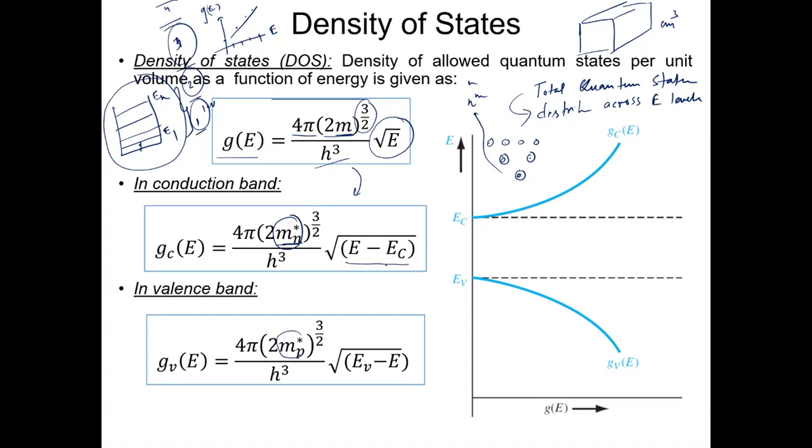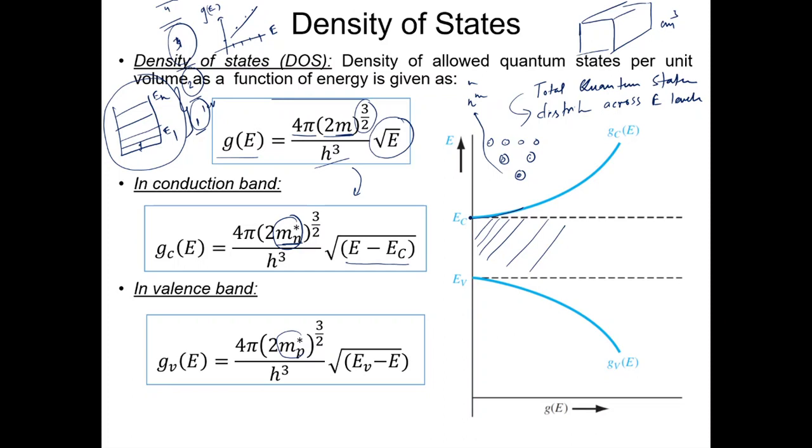So if it is the conduction band, the energy becomes E minus EC, because at E minus EC equals 0, the density of states must be 0, and as you go into the conduction band, the density of states will become finite. As E becomes lower than EC, which is this forbidden gap, you must not have any states present.